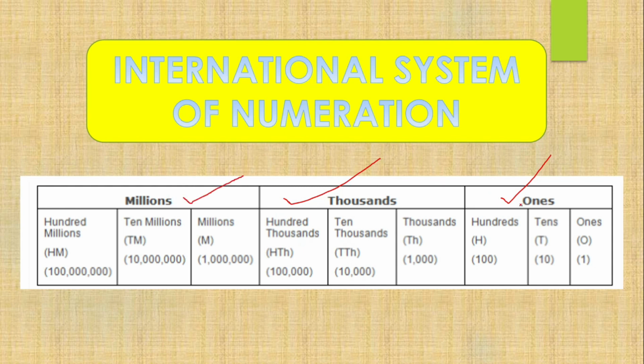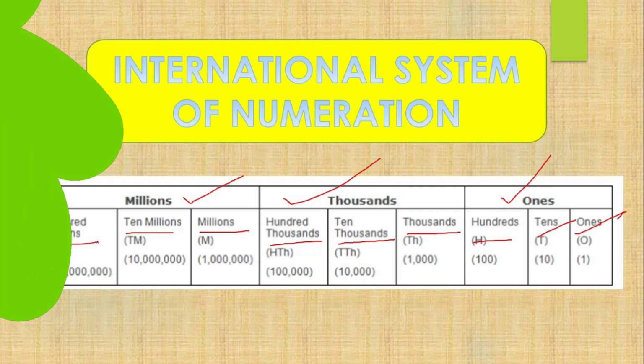The ones period is divided into 3 places: ones, tens and hundreds. Then next we have the thousands period with 3 places: thousands, 10,000s and 100,000s. Similarly, the millions period is also divided into 3 places: 1 million, 10 million and 100 million.